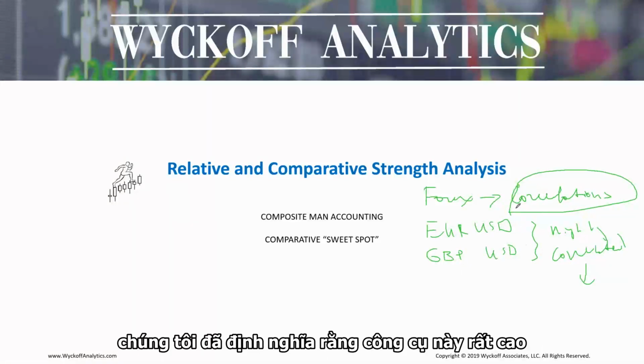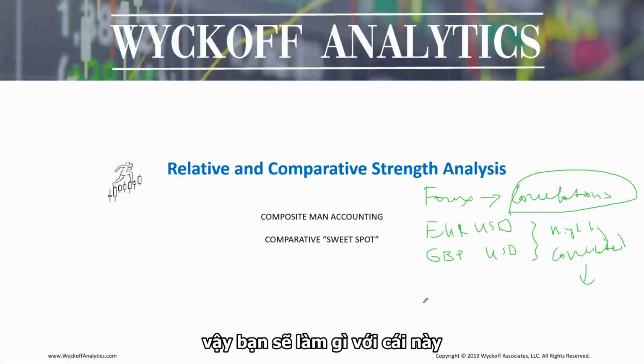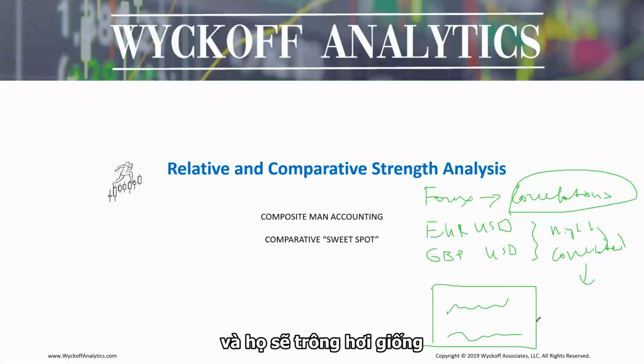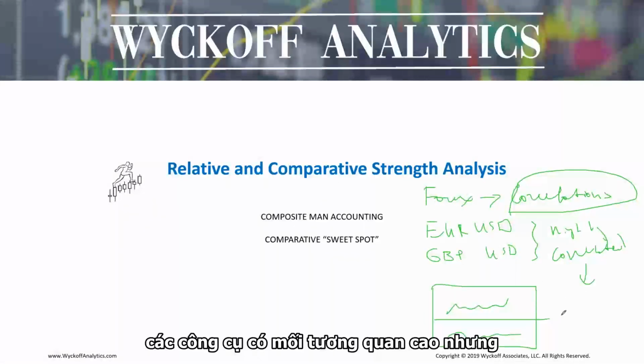But let's say that we've defined that these two are highly correlated. So what you're gonna do with this analysis is that you're still gonna have two charts, and they're gonna look somewhat the same because those are gonna be highly correlated instruments.